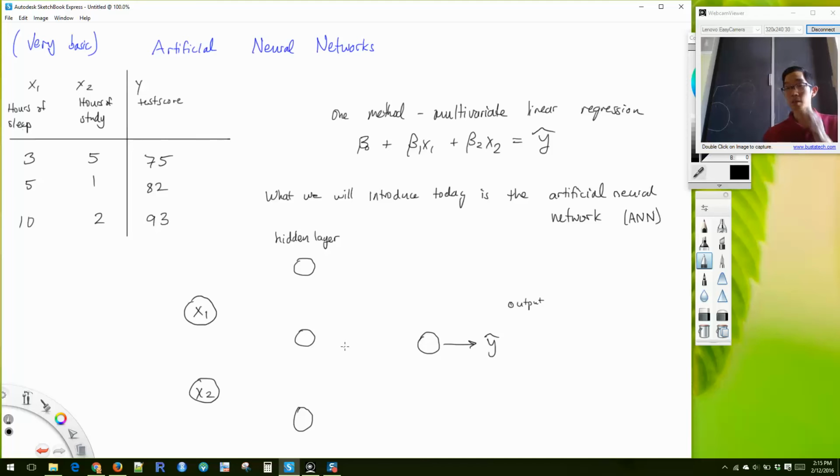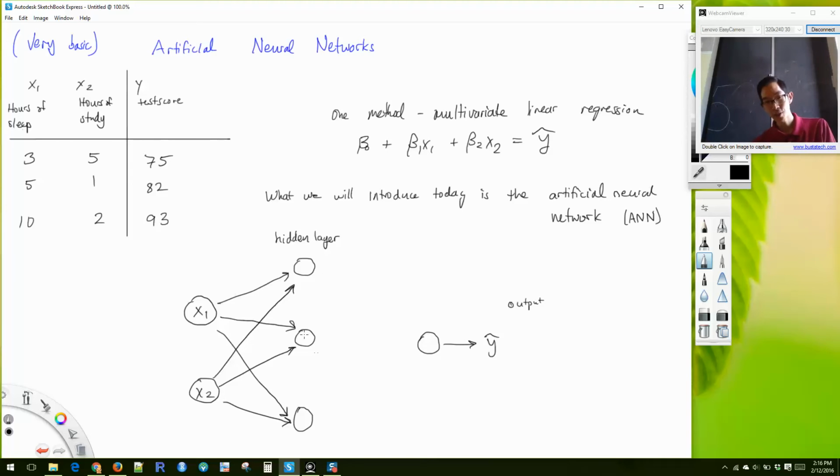Okay, and what the hidden layer does is we take each of our inputs. So x1 will get fed into each of these nodes here. Okay, so these are supposed to kind of mimic a synapse of the brain, where you've got these things connecting to it and then spreading out from there. Okay, so each of these will connect, and then x2 also feeds into this, and this feeds into this, and this feeds into this.